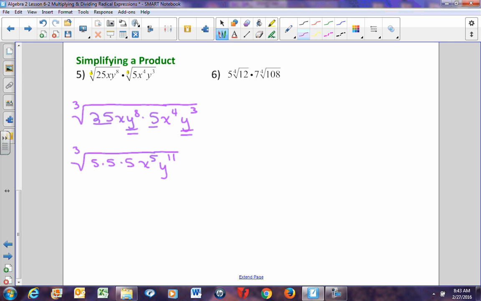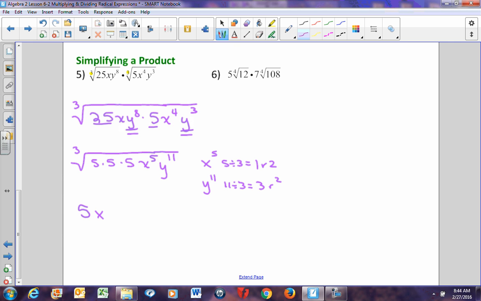So that's what I'm looking for. I'm looking for groups of 3 out of this. Well, obviously, I can take a 5 out of it. If I take x to the 5th, that's 5 divided by 3, which is 1 remainder 2. So I can take out 1 x, 2 get left over. Y to the 11th is 11 divided by 3, which is 3 remainder 2.